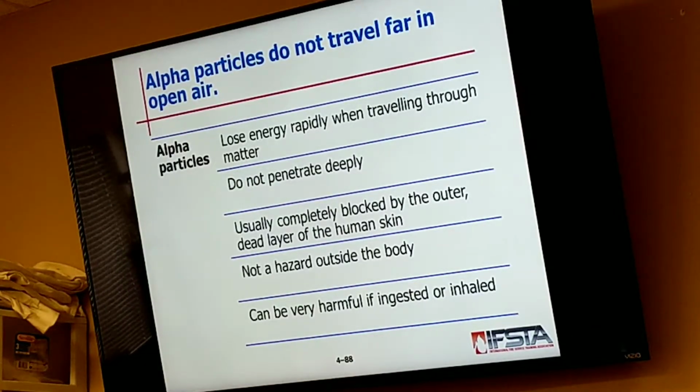They cause damage over a short path through human tissue. However, they can be very harmful if the material emitting the alpha particles is ingested or inhaled. Alpha particles can be stopped completely by a sheet of paper, so they're not real harmful, like I said, until you swallow them.